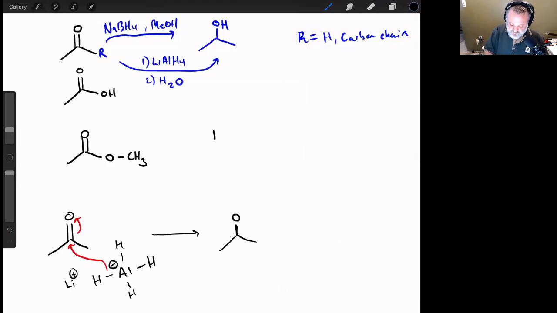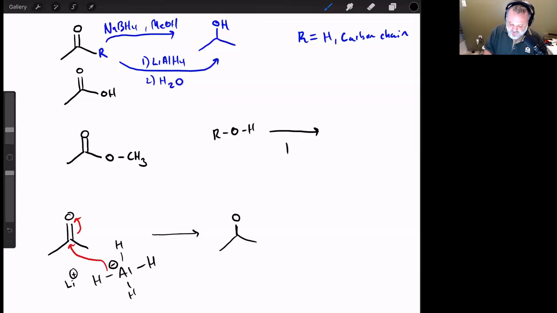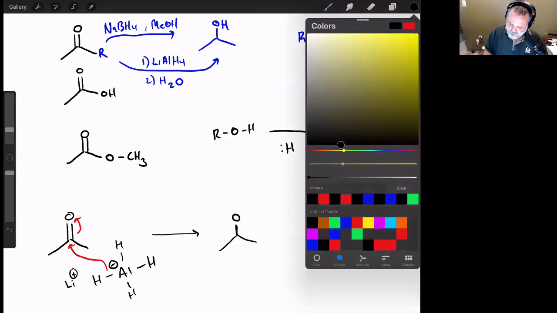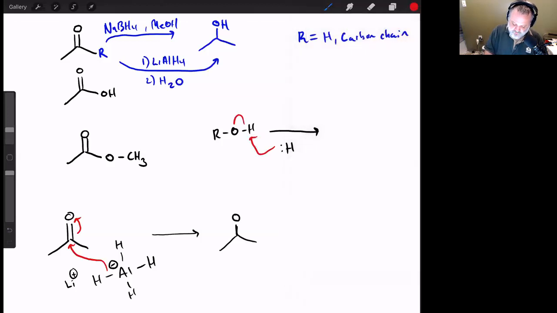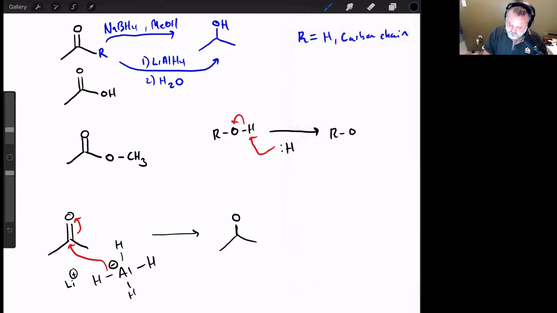Certainly when I showed you the reaction of an alcohol with sodium hydride, the lone pairs on the hydride are acting as a base to do a proton transfer. In this case, it's not acting as a base, it's acting as a nucleophile.